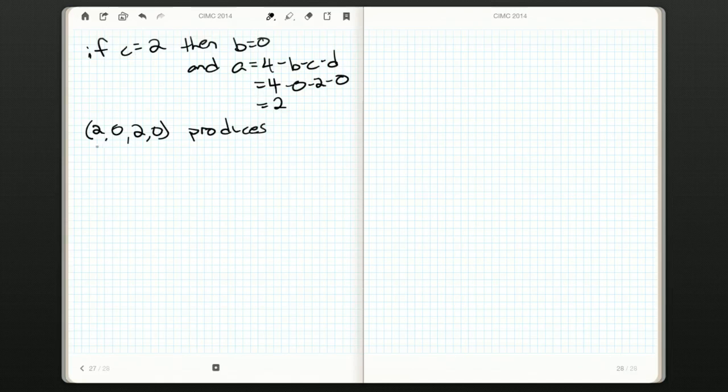So when I plug in 2, 0, 2, 0, what do I get out? Well, I've got 2 zeros. This is looking good. 0 1s, 2 2s, and 0 3s. So now we have at least one sequence that works.